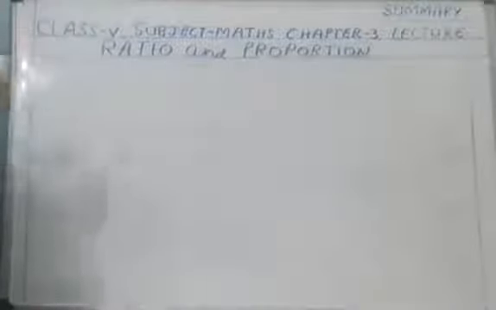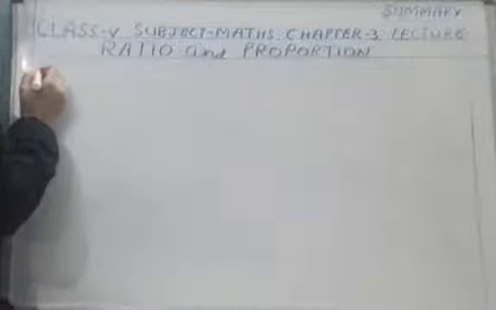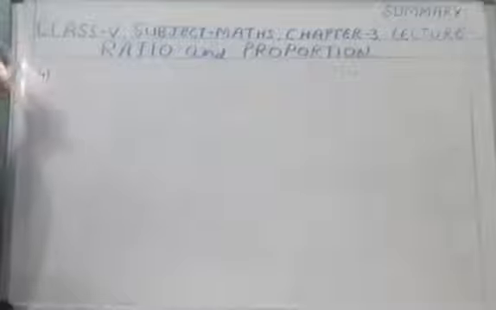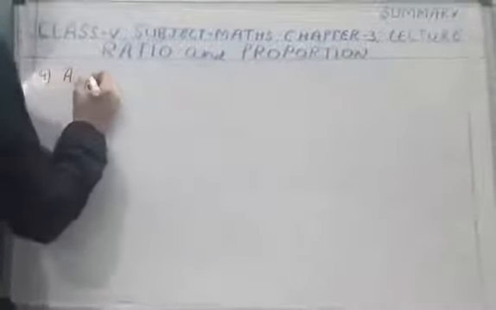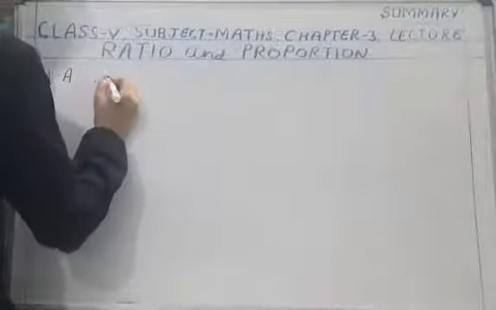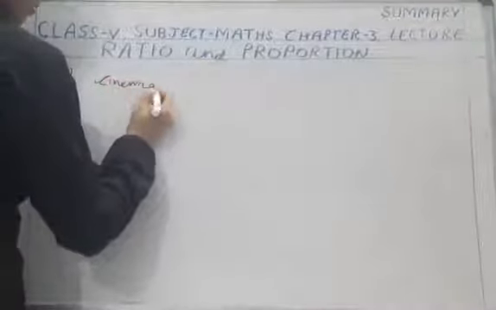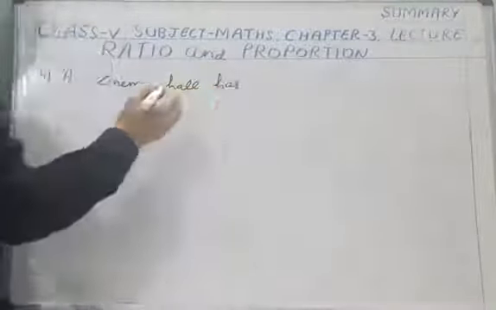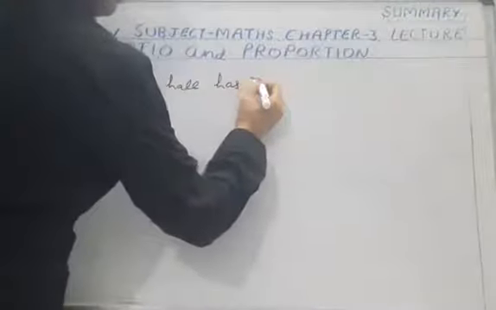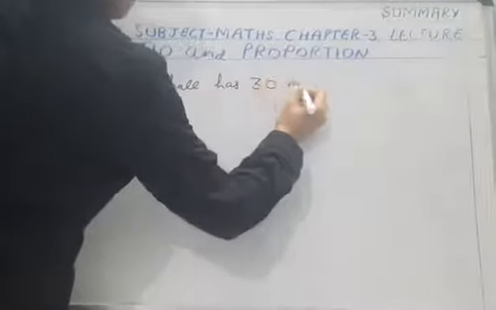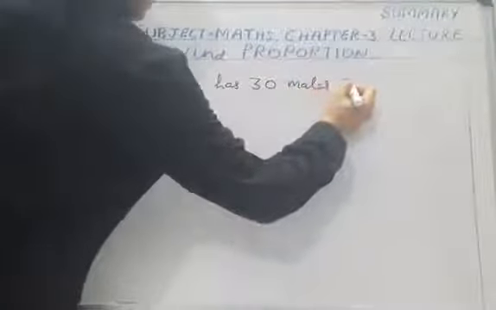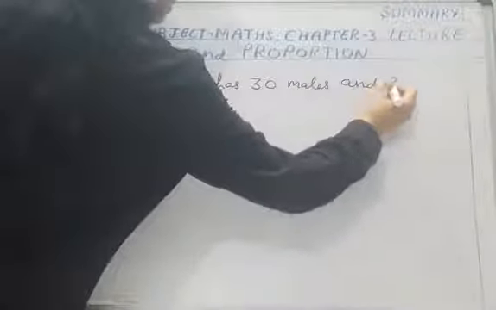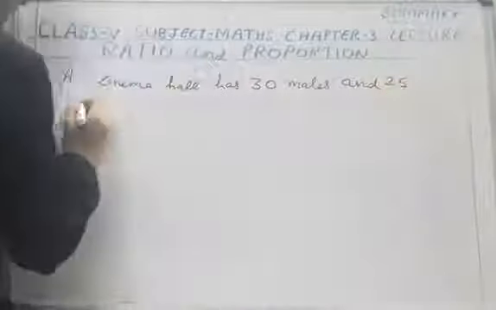Now, if the question comes in the form of a statement like, a cinema hall has 30 males and 25 females.